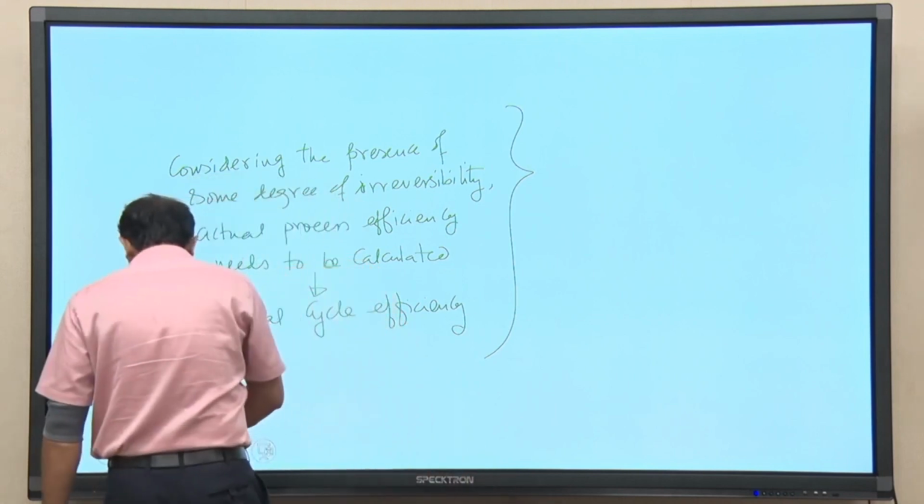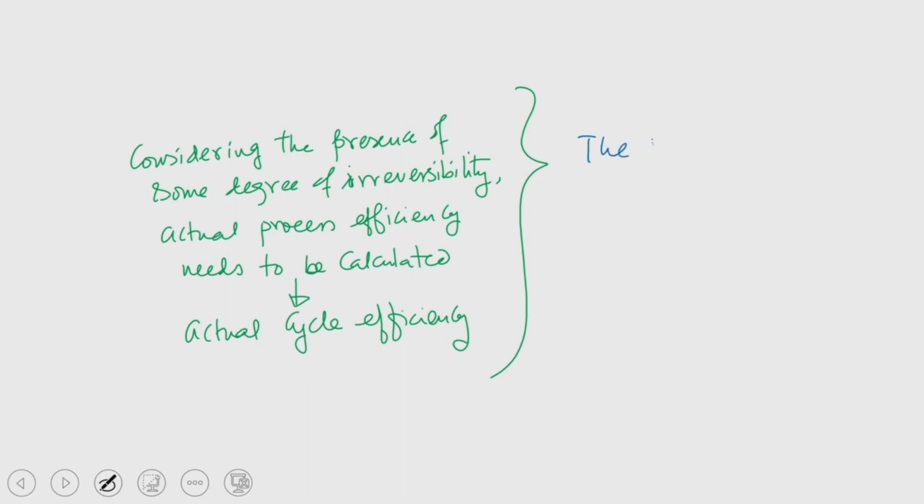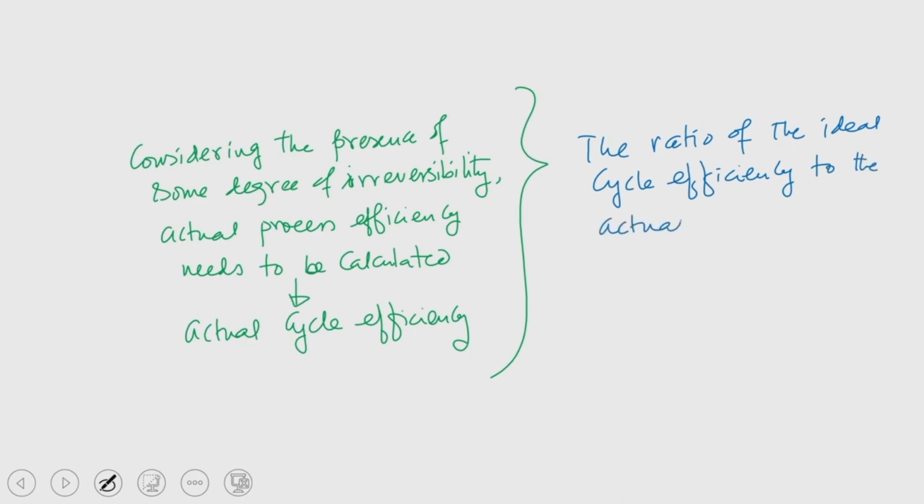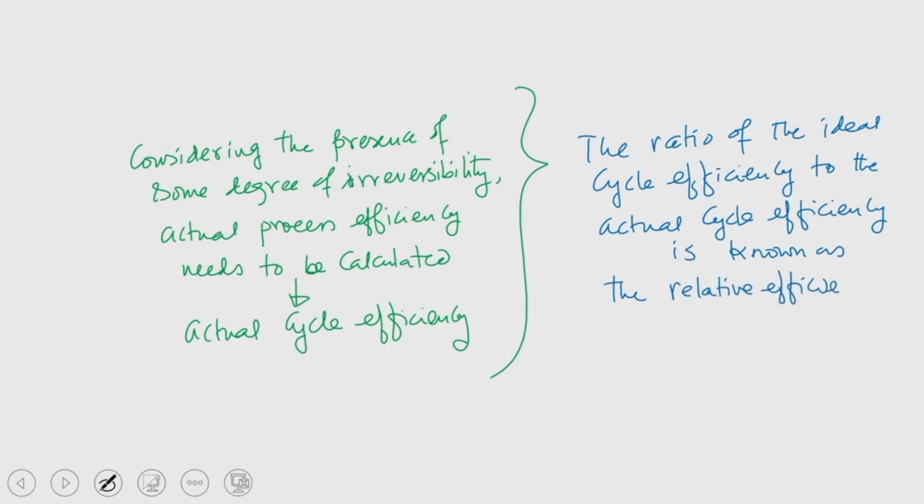Now, the ratio of the ideal cycle efficiency to the actual cycle efficiency is known as the relative efficiency of the plant, or efficiency ratio.